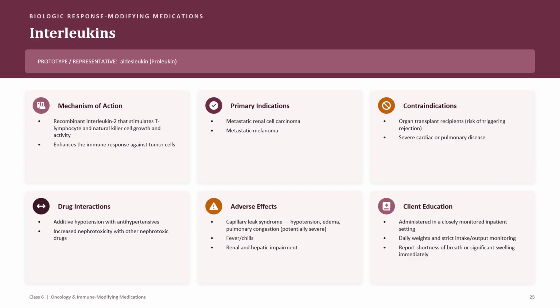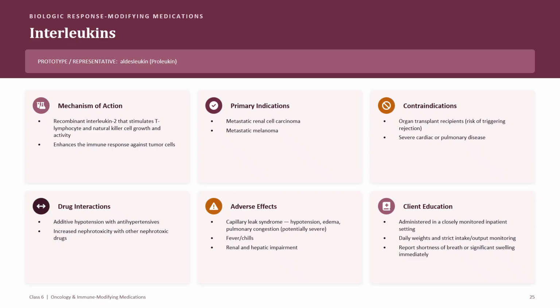And so then here's a mechanism-based contraindication that you need to understand versus just memorize. This medication is avoided in organ transplant patients. So let's just think about why. You've given this medication to deliberately rev up the immune system's ability to attack.